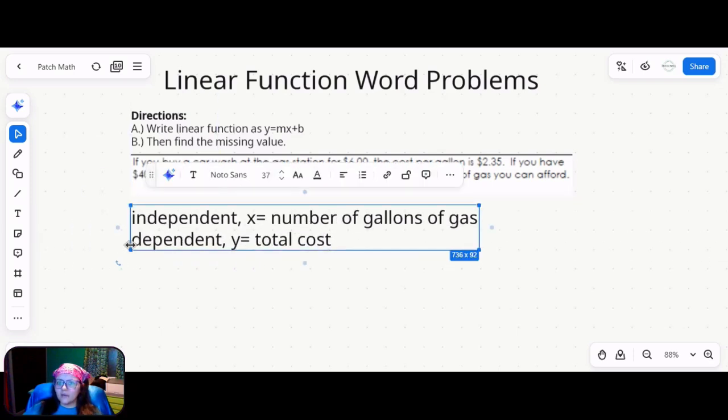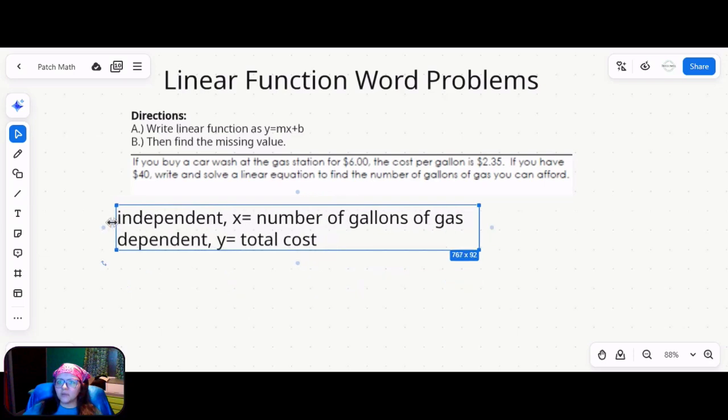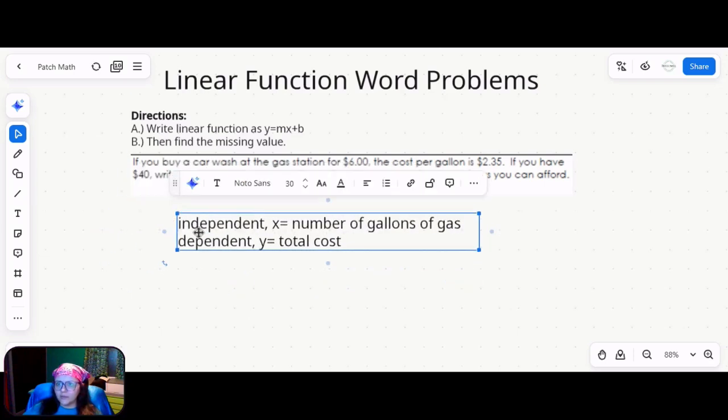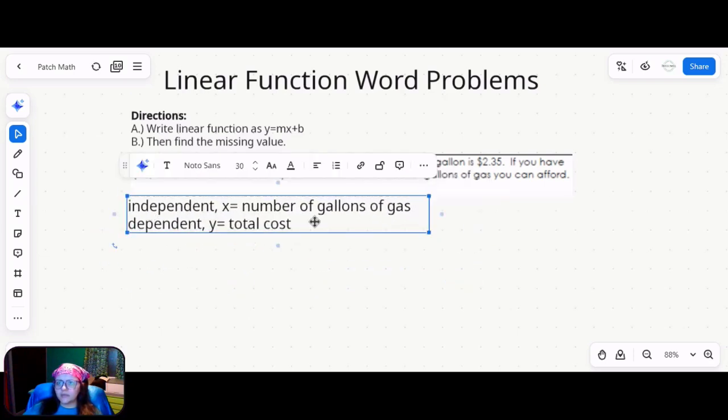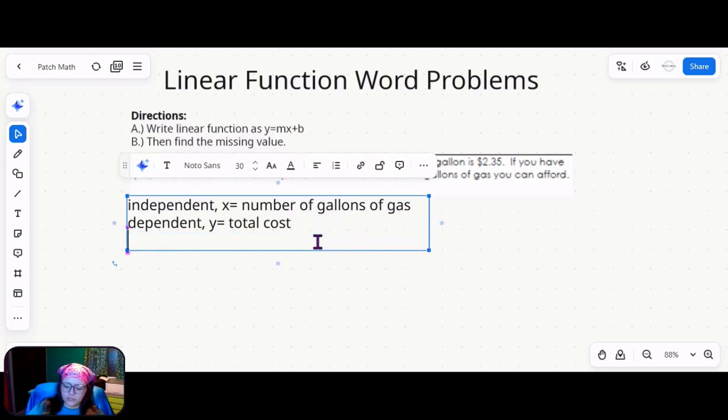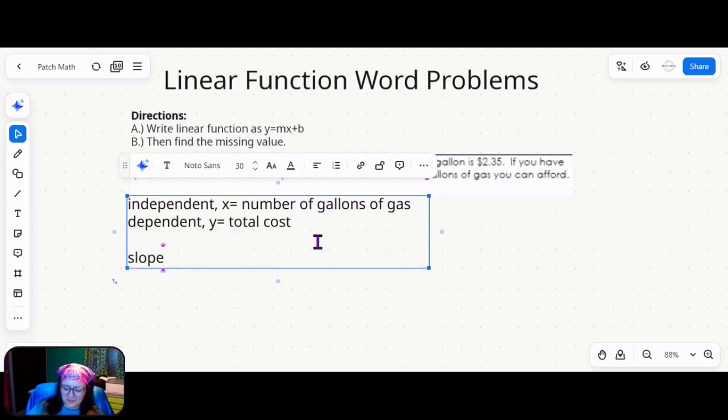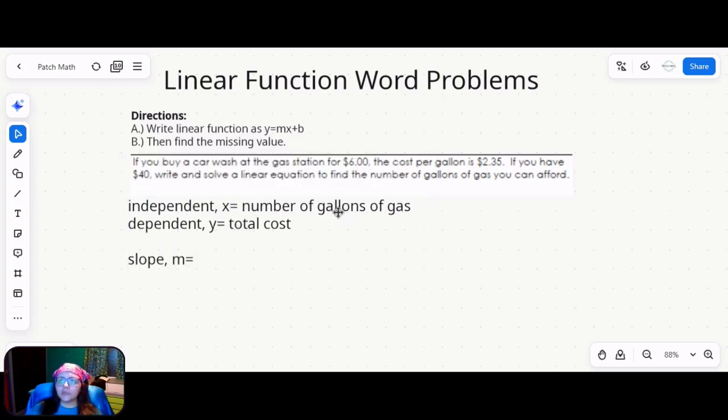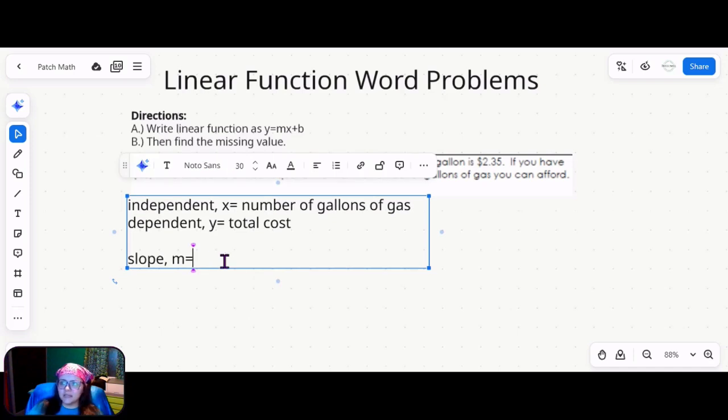Now that we have our x and y defined, we can go ahead and write y equals mx plus b, because we know our slope, in this case m, is going to be equal to our cost per gallon of gas. In this case, our cost per gallon of gas is $2.35. Then we want our b.